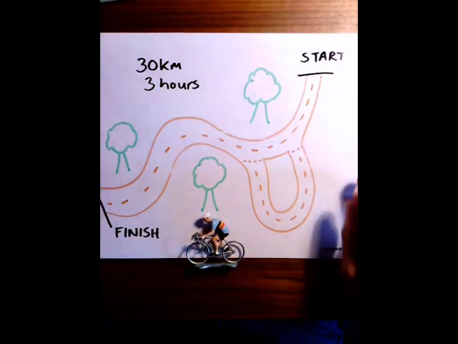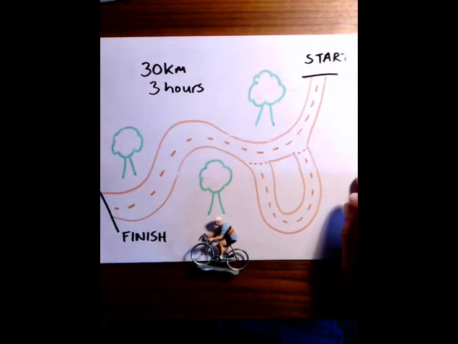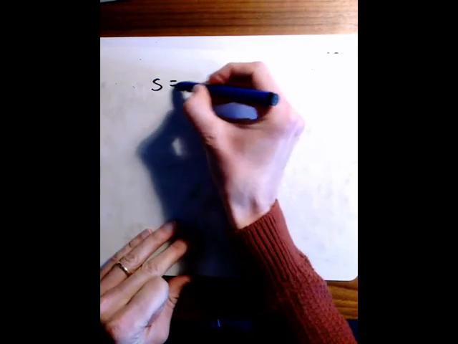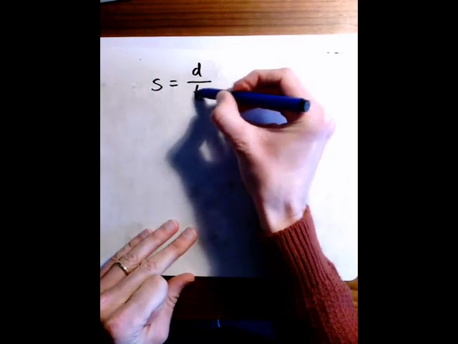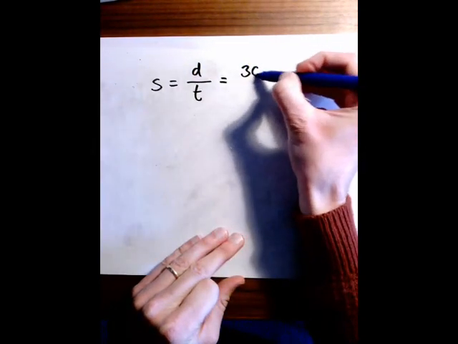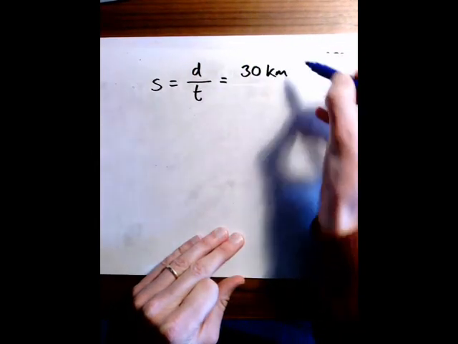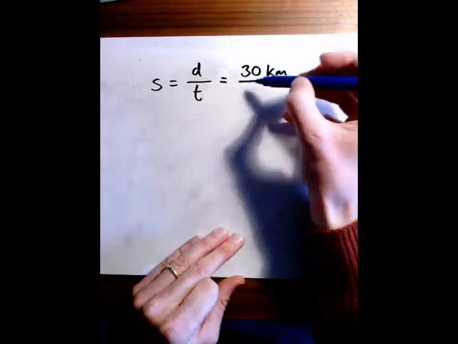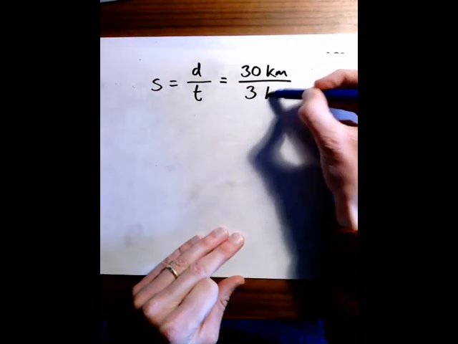Remember that we had this idea that we could calculate speed as distance divided by your time. Remember that the distance was 30 kilometres and his time was 3 hours.